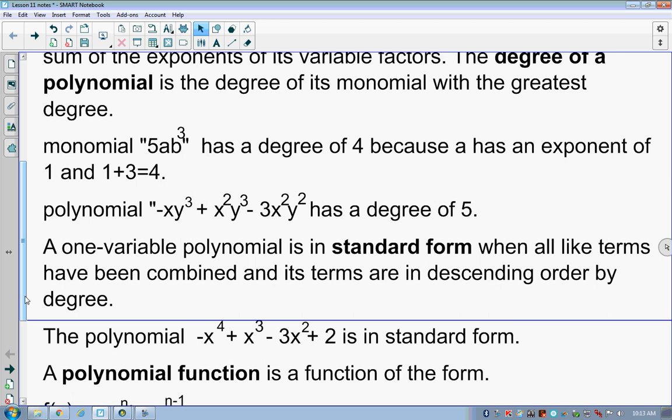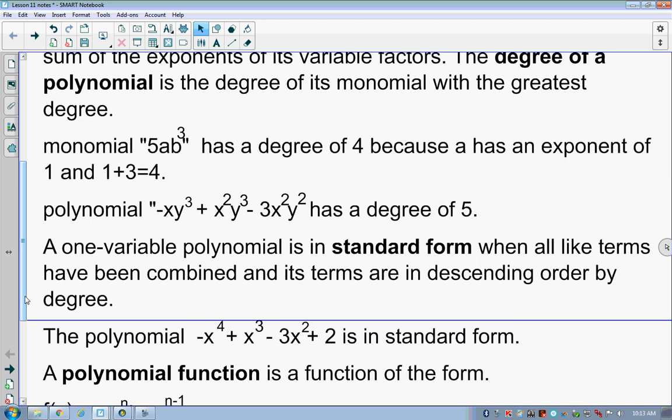It has a degree of 4 because it has an exponent of 1 plus 3 equals 4, right? A has an exponent of 1. So if you need to write this down, my degree is the sum of my exponents. We get that? So it's got a degree of 4.